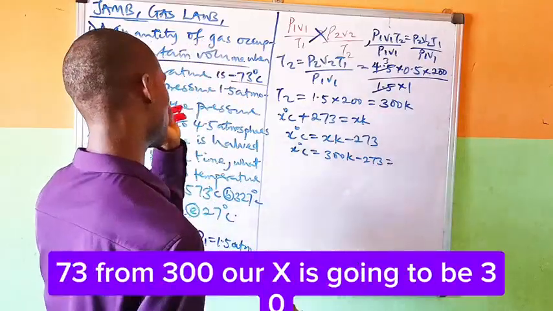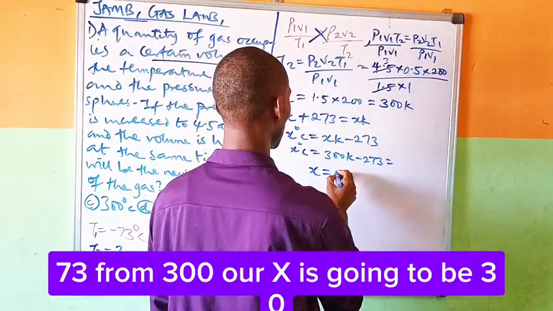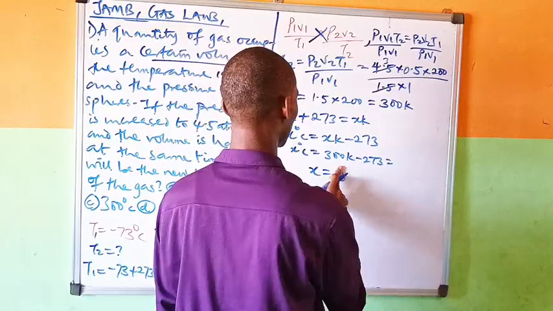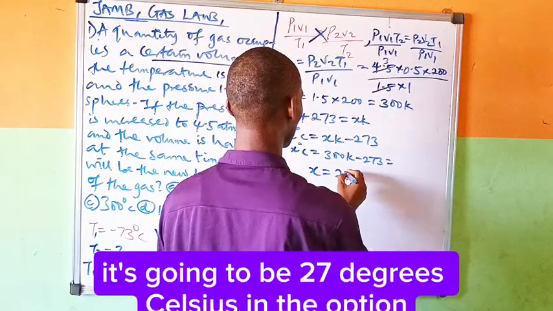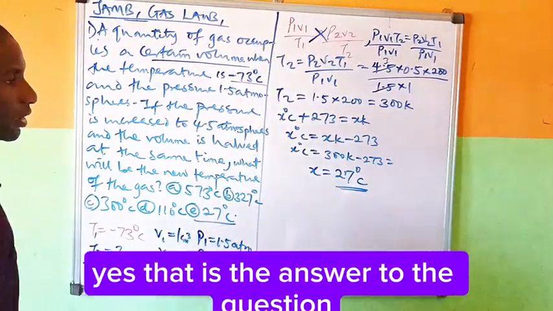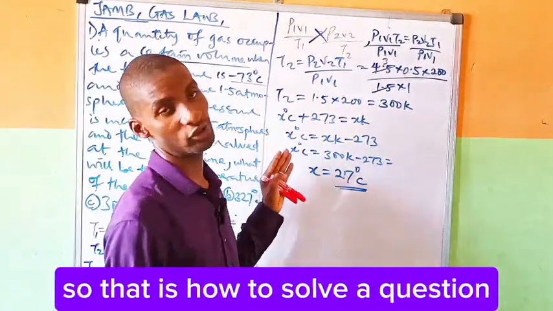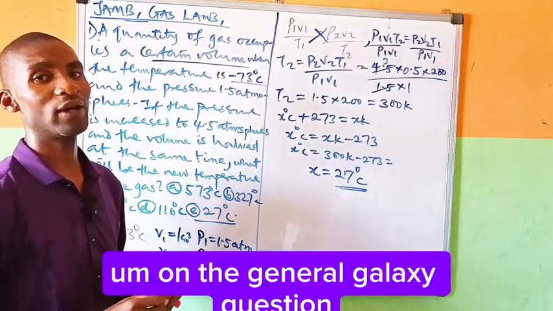If we remove 273 from 300, our X is going to be 27 degrees Celsius. In the options, yes, that is the answer to the question. So that is how to solve a question on the general gas equation.